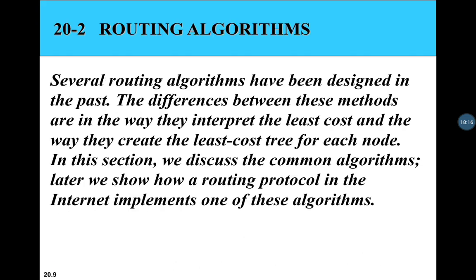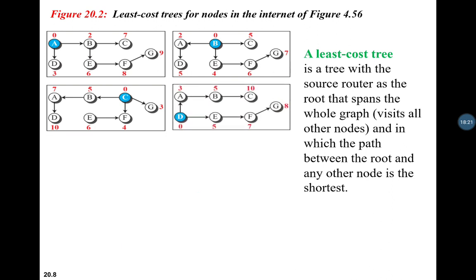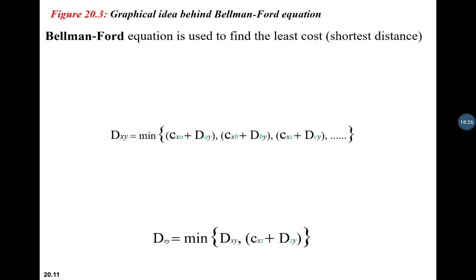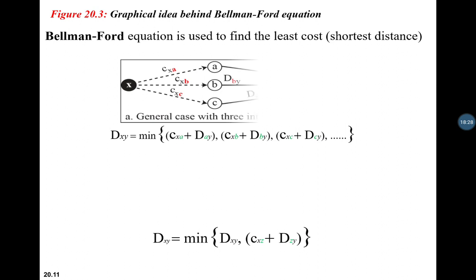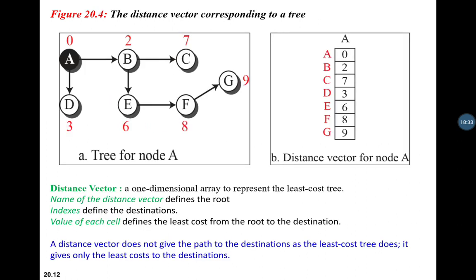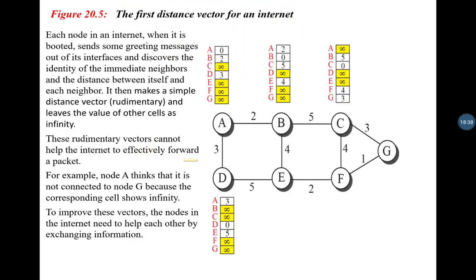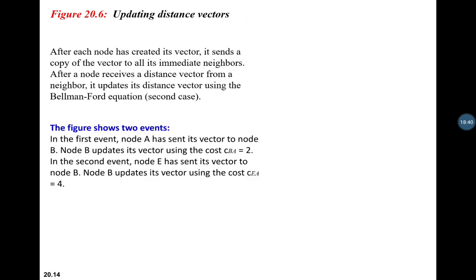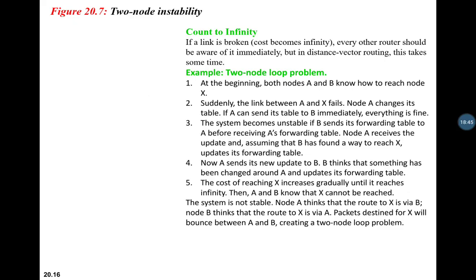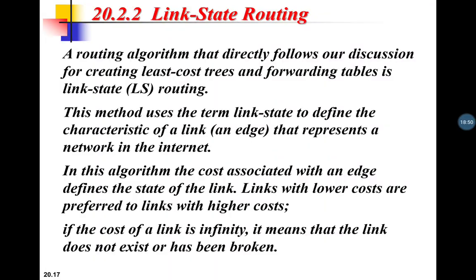Once the least cost tree and the least cost path were explained, we saw the first routing algorithm, the distance vector algorithm, in which we discussed the Bellman-Ford equation and also the distance vectors. And then we saw how the distance vectors are formed, how the updation takes place as and when the value changes, and the problems related to it, two-node instability.